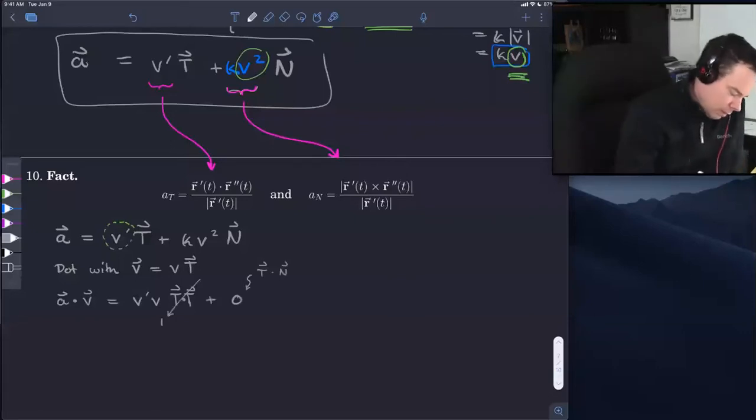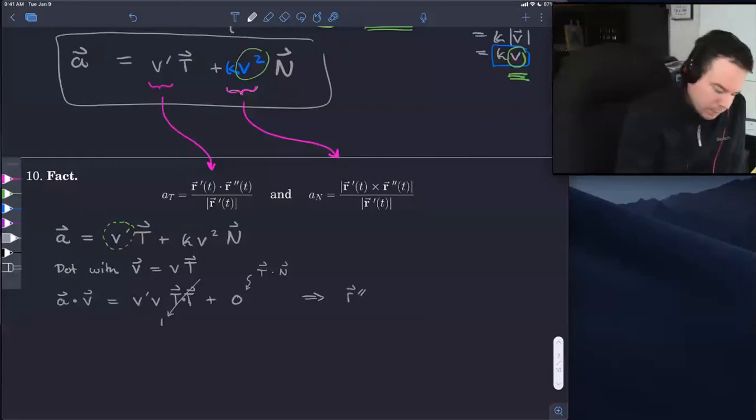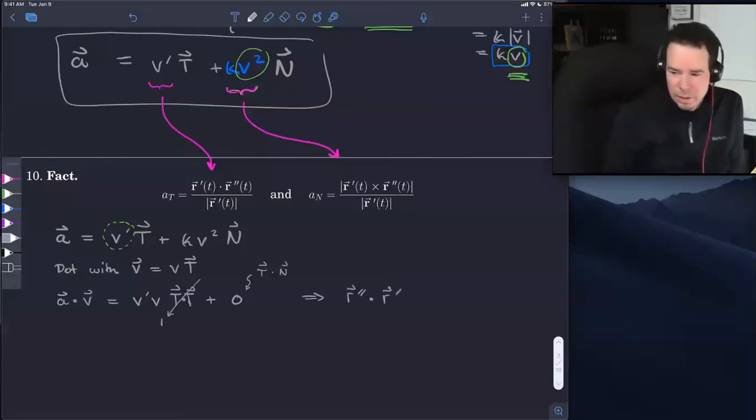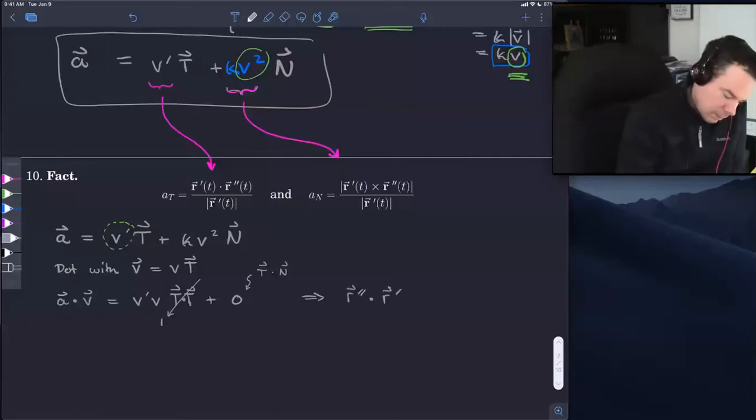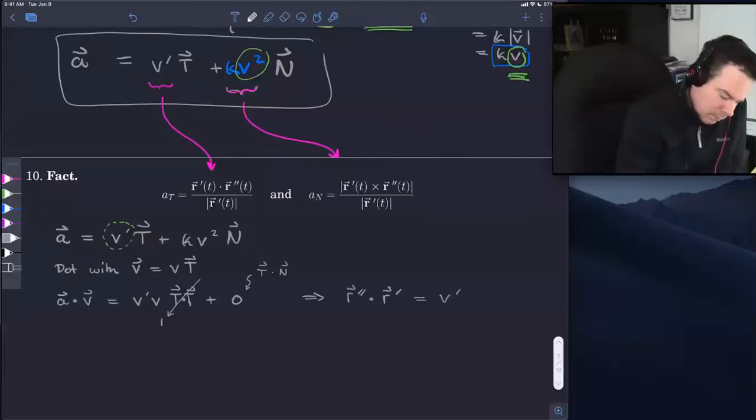And because that's 1, what follows from this is that the acceleration we can write as r double prime. The v we can write as r prime. So that's just a dot v, that's the left-hand side. And then the other side becomes v prime times v, but v is just the magnitude of r prime.